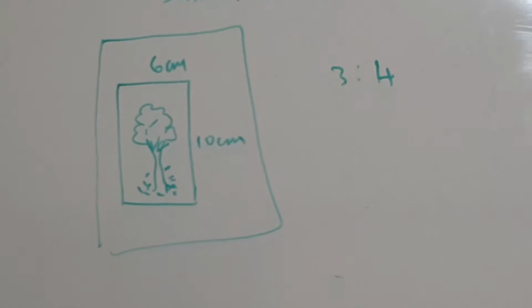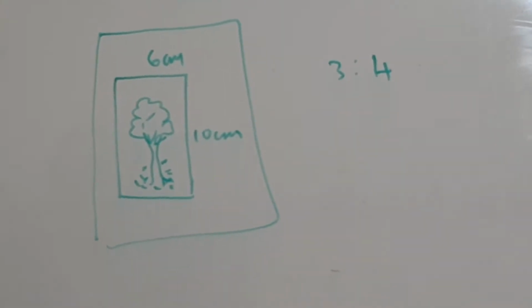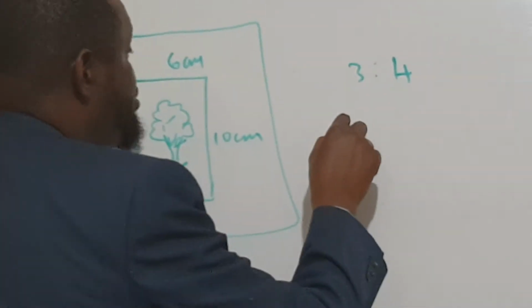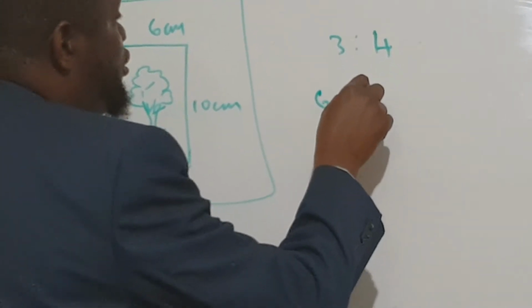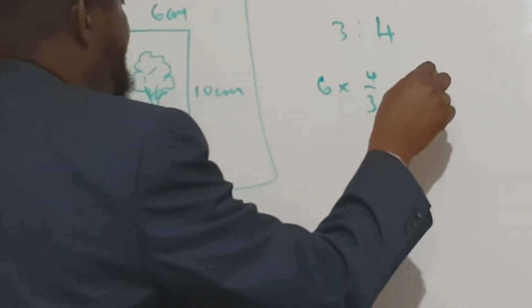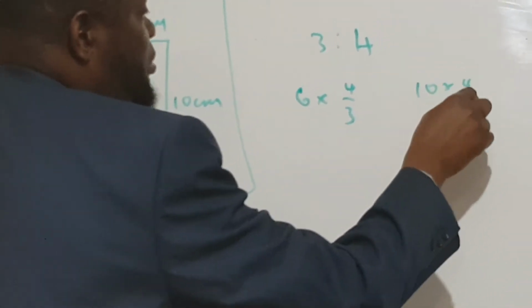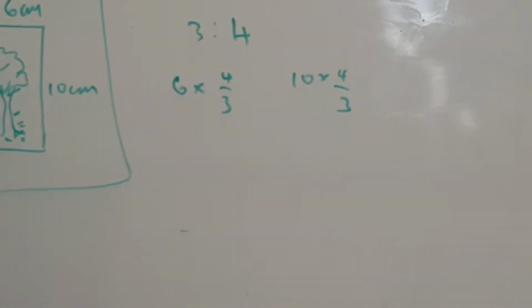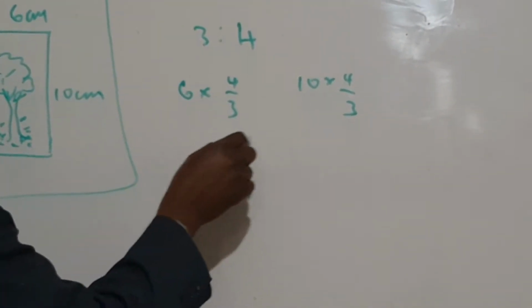Multiply each side by it. So it's going to be 6 times 4 over 3 and 10 times 4 over 3. Which is equal to 8 here.